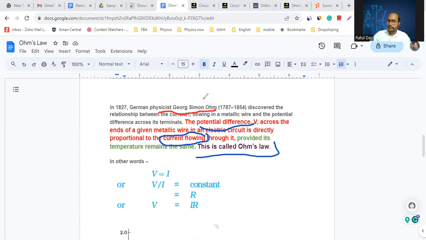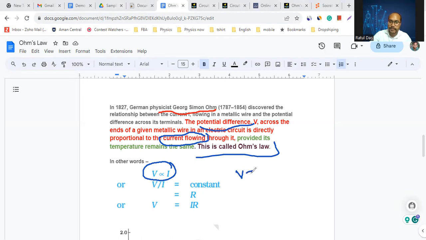And the outcome of Ohm's law is this one, voltage proportional to current. And if you want to equalize this proportional equation, then you can add a constant. So we're adding another constant.